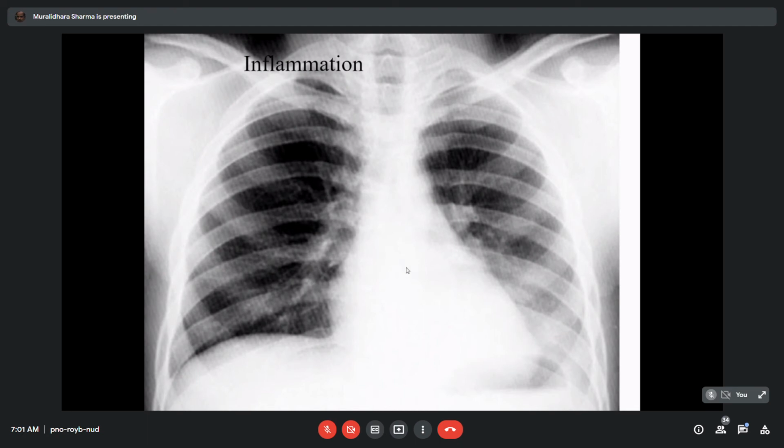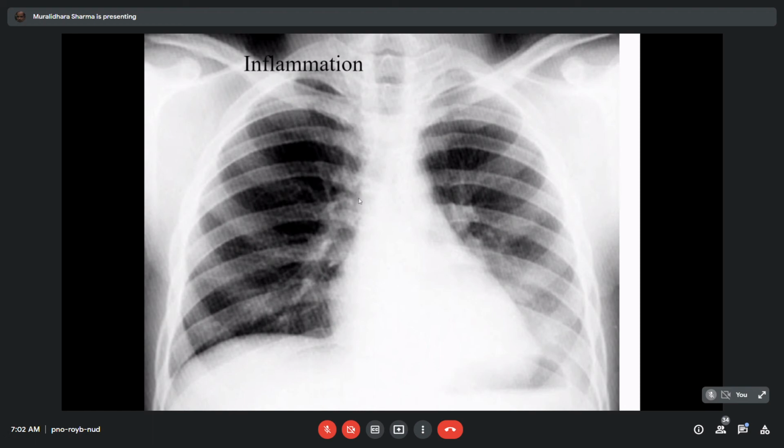The X-ray is taken in a partially expirated phase. It's not full inspiration. Ribs are not perfectly parallel. And the soft tissue shadows of the thoracic cage are normal. The bone cage is normal. Costophrenic angles are normal. Cardiophrenic angles are normal. Cardiothoracic ratio is within normal limits.